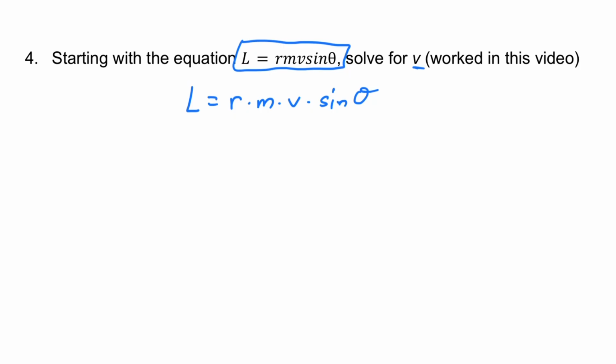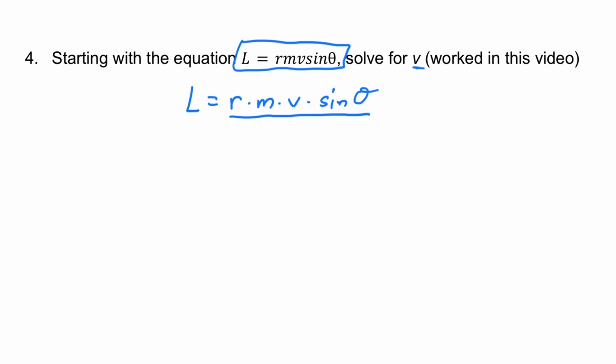That's a trigonometric operator of sine acting on the angle theta. So we want to isolate V, and again, we're just going to undo PEMDAS, right? So we've got a bunch of things that are happening to velocity, but they're all the same type of thing. They're all multiplication, right? So V right here is being multiplied by R, it's being multiplied by M, and it's being multiplied by sine theta. So we can just get rid of all those in one stroke if we wanted to.